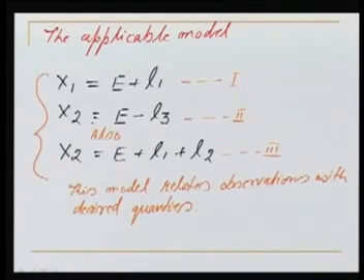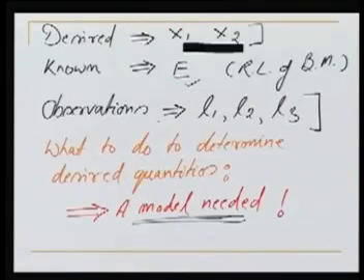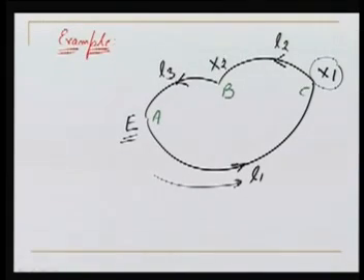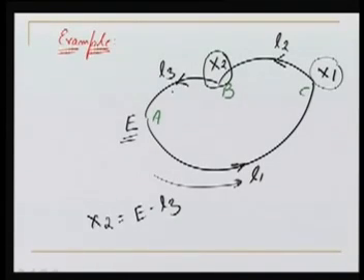Next, X2 is E minus L3. I want to determine X2, which I am writing as X2 is E minus L3. Minus because we have done the survey this way, B to A, and this we are writing as positive.